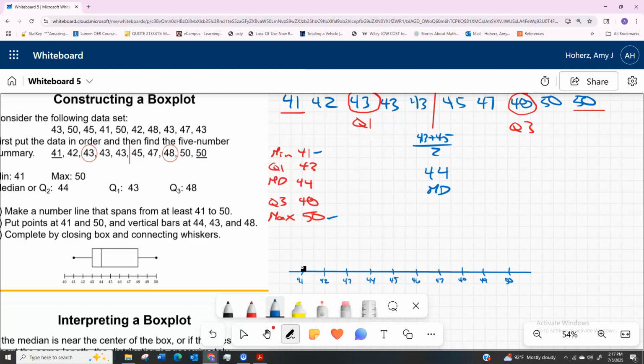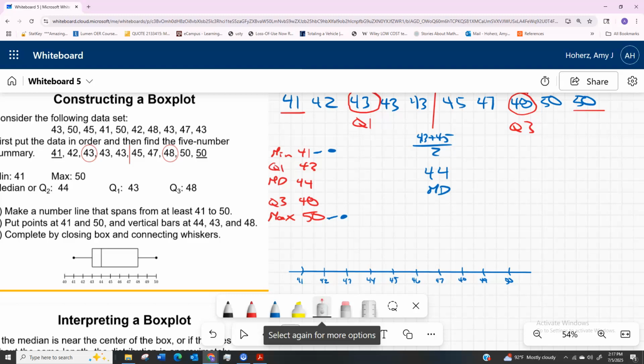Okay, so then, as we said on that other one, we're going to first put a dot here and here. The minimum and the maximum are going to get dots at them. So we're going to have a dot above 41, and we're going to have a dot above 50. Then we're going to put bars at each of the quartiles.